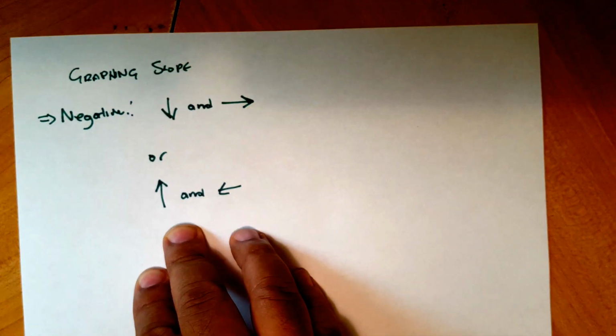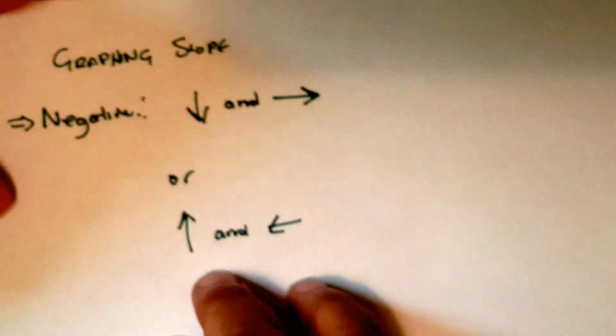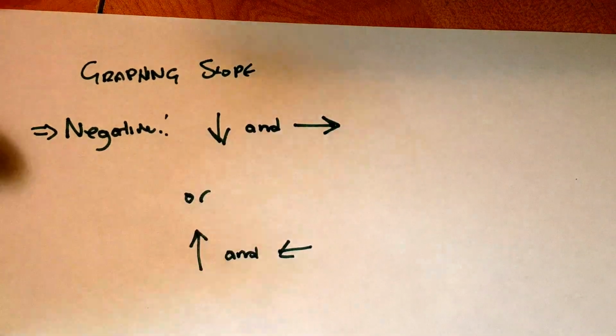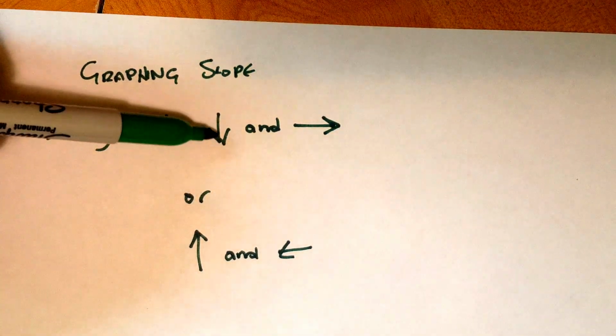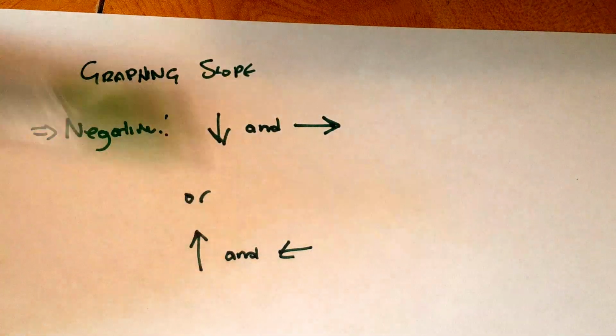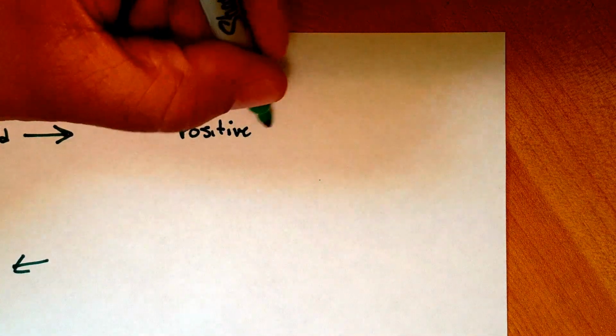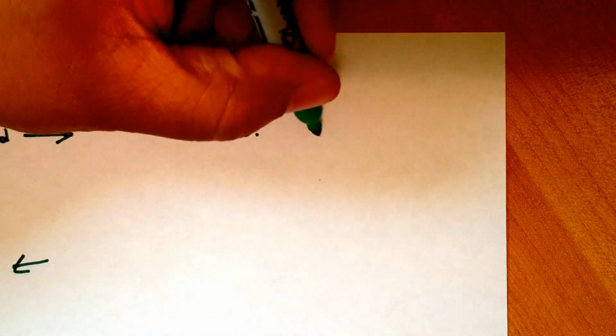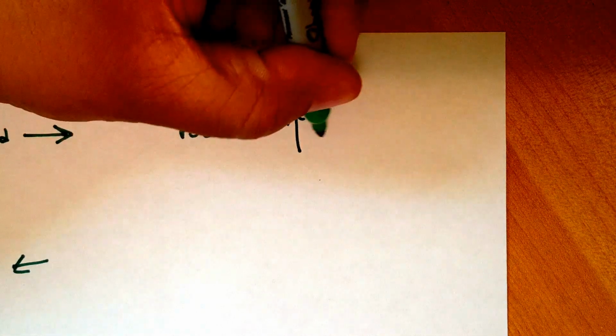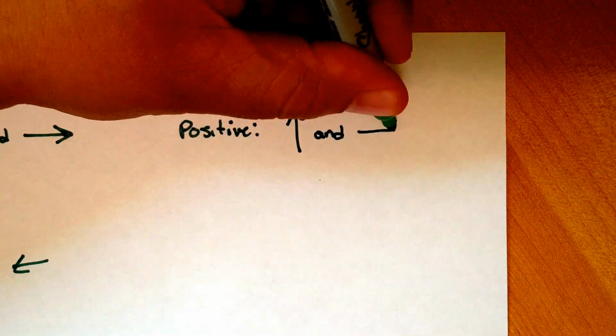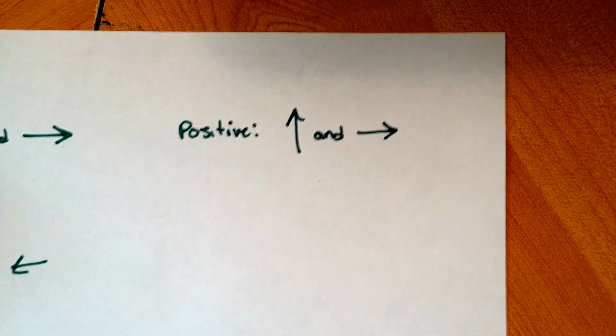Okay? So again, when I count my slope, when I count from point to point, I either go down and to the right or up and to the left. Either one is fine. If my slope is positive, I'm always going to go up and to the right. Always.